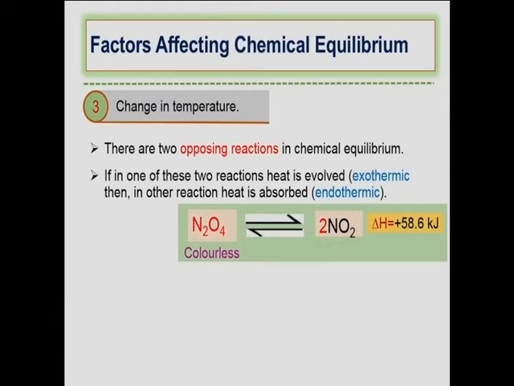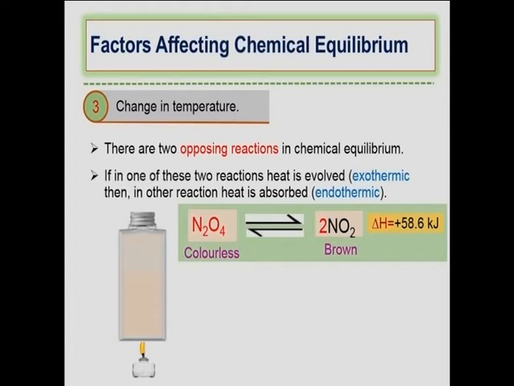And you have dinitrogen tetroxide, which is colorless, and it decomposes to give us brown nitrogen dioxide. If we put this dinitrogen tetroxide in a closed container, it is going to decompose and give us nitrogen dioxide, which is brown in color.